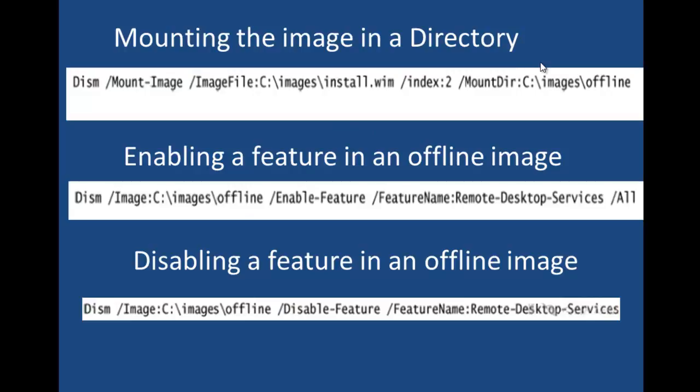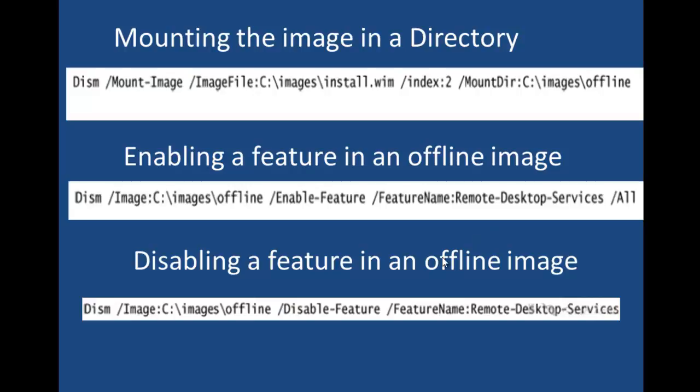The mount directory was C:\images\offline, so that's where you're going to get the location. Once you have typed in the DISM command and the location, you simply need to say /enable-feature. Then you have the /featurename parameter and you type the name of the feature. The /all there is for you to actually enable the parent features of this particular Remote Desktop Services.